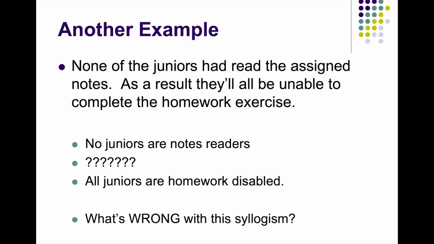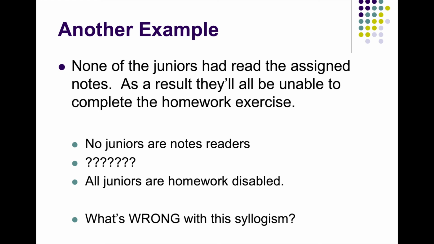However, as it says here, what's wrong with this syllogism? If you notice, we've just generated a statement in the conclusion which is affirmative and a premise which is negative. So if we try to go forward from here, we will create an invalid syllogism because the conclusion is affirmative and the premise is negative, but you must have an equal number of negative premises and conclusions.